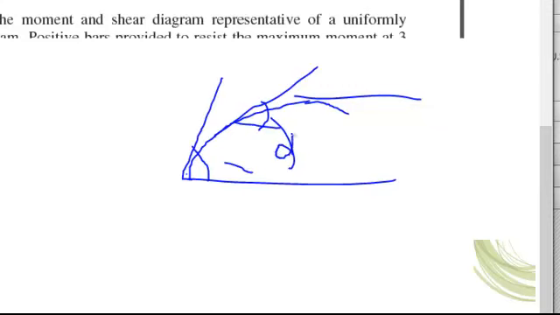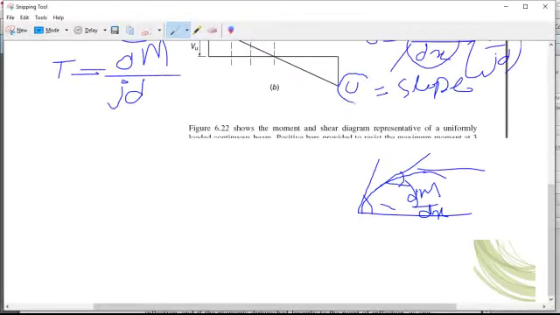This is basically dM by dx. So your u is related to this change. If this change is more, your u will be more. It means that if there is a greater change in moment along the length of the bar, the force of the bond will be maximum.